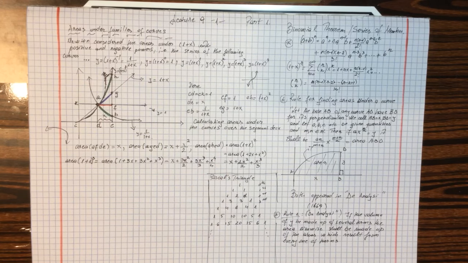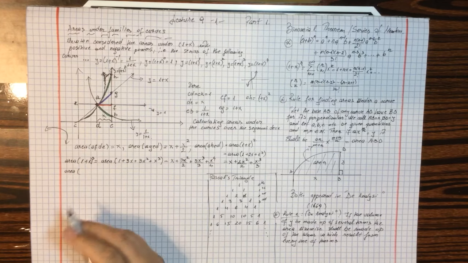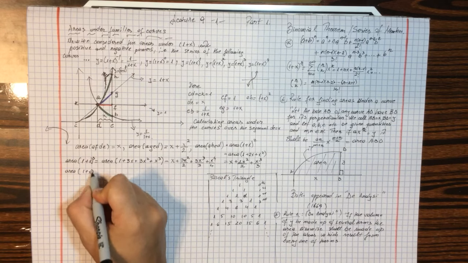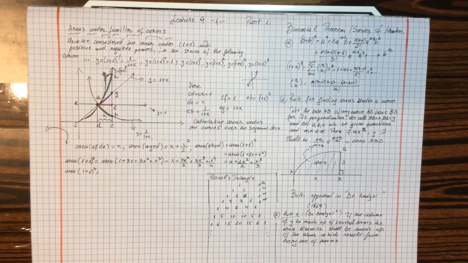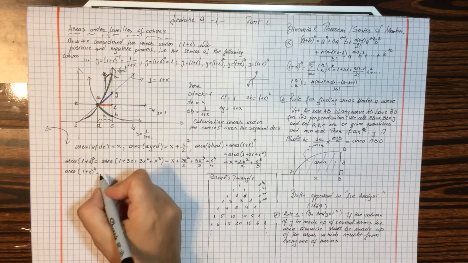Okay. What about the area under higher powers of 1 plus x? For example, 1 plus x to the 4. You can use Pascal's triangle to write down the coefficients, and then take the integral of each term like we did in the previous step.